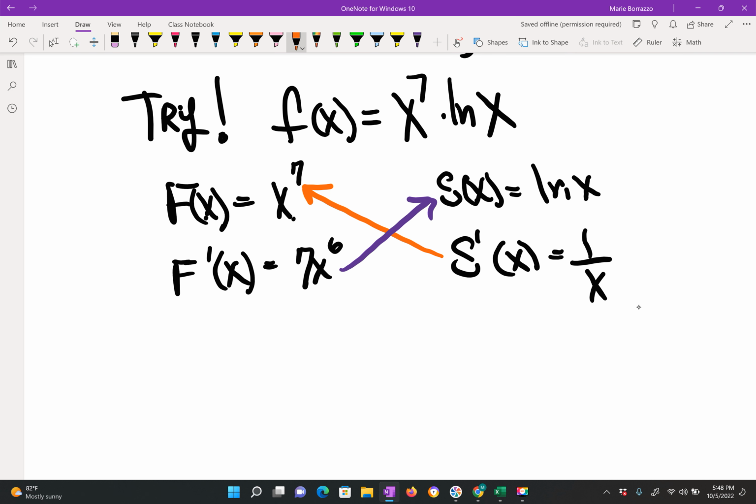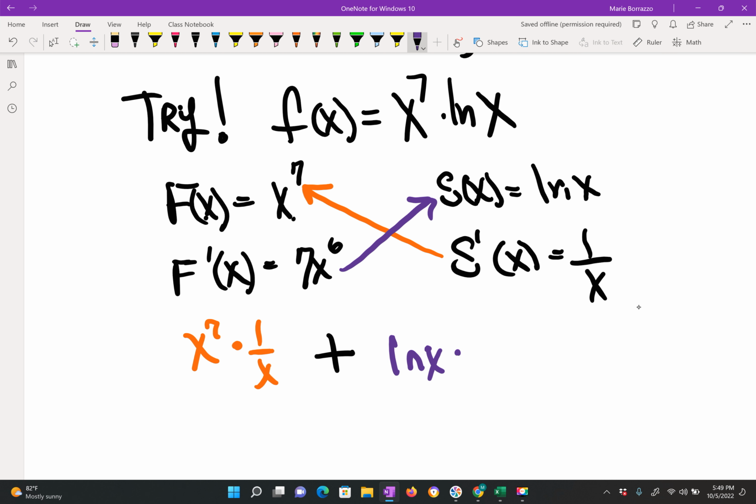So far, are we matching? Mm-hmm. So this will be x to the 7 times 1 over x plus, and this next part will be natural log x.